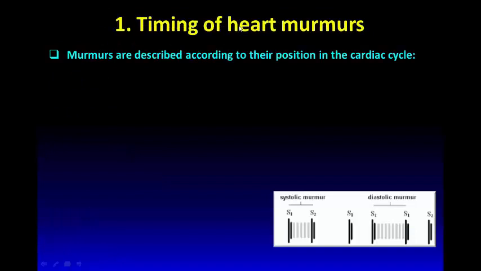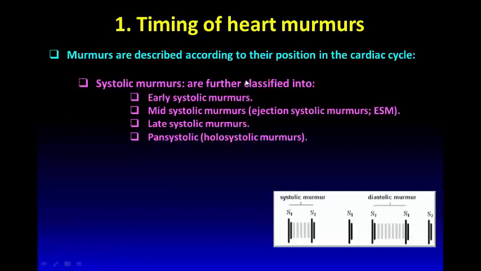Based on the timing of the heart murmurs in the cardiac cycle, murmurs could be classified into systolic murmurs, which are heard during ventricular systole. So they are heard between S1 and S2, because the time interval between the first heart sound and the second heart sound coincides with ventricular systole.